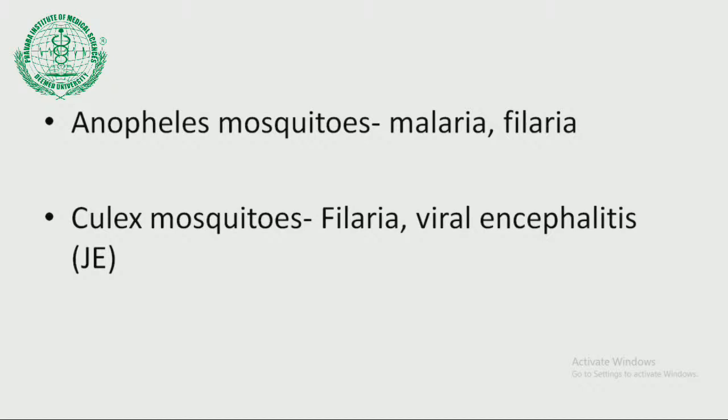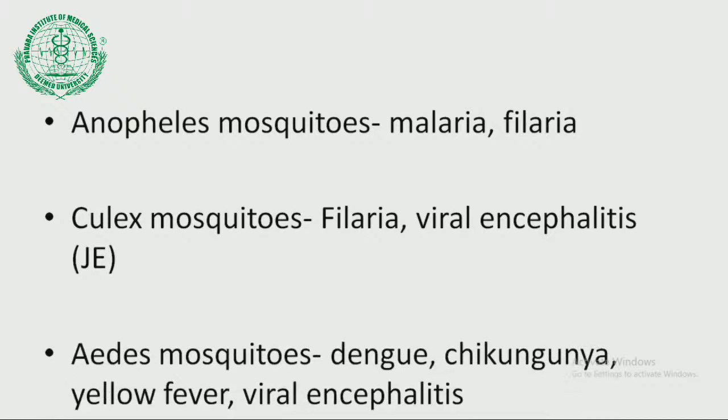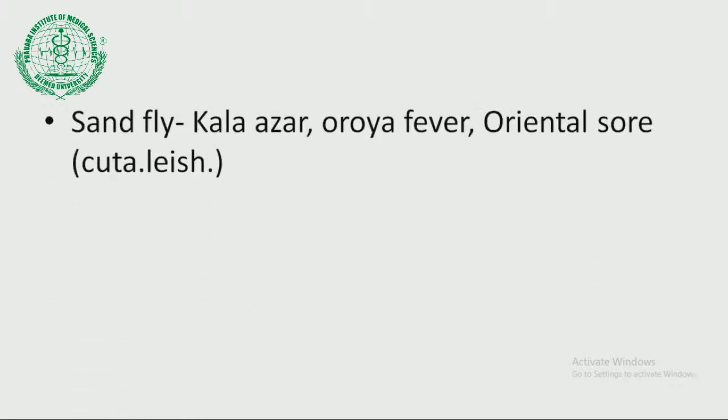Second example is Culex mosquitoes, which will be transmitting filaria and Japanese encephalitis, and Aedes mosquitoes transmitting dengue, chikungunya, yellow fever and viral encephalitis. Then the flies, sand fly, which can be transmitting Kala-Azar, Oroya fever and cutaneous leishmaniasis, also known as oriental sore.